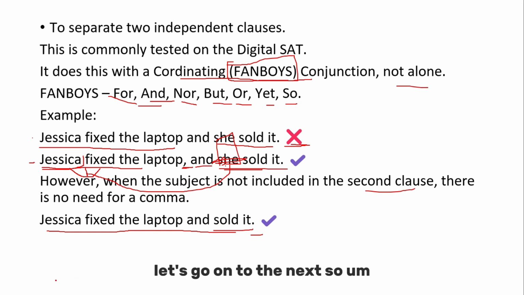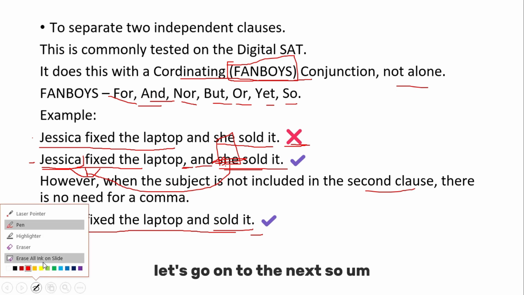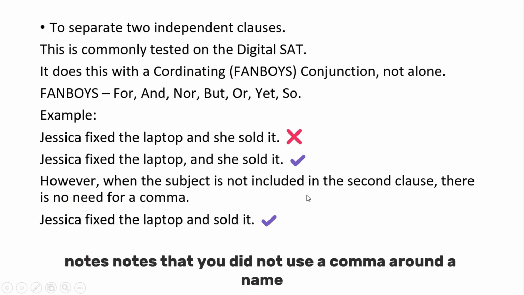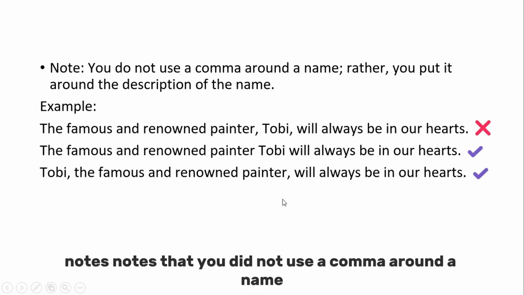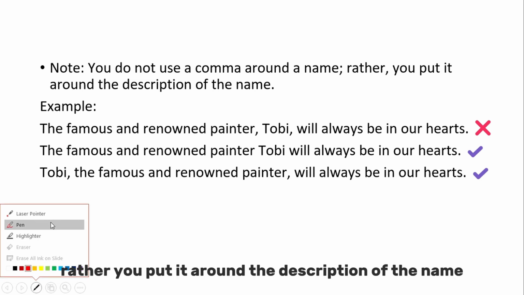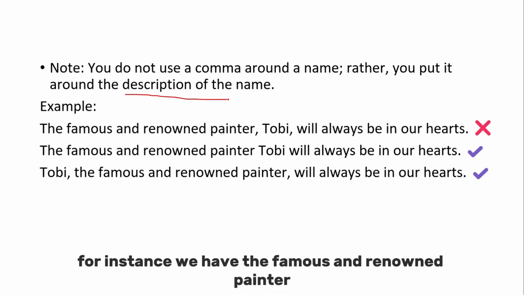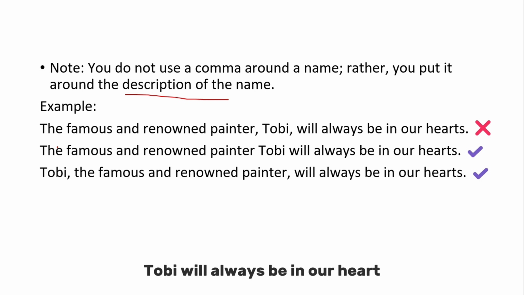So let's go on to the next. Note that you do not use a comma around a name, rather you put it around the description of the name or the title of the person who owns the name. For instance, we have the famous and renowned painter Toby will always be in our heart.